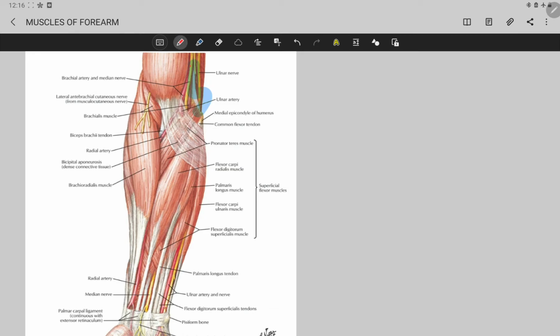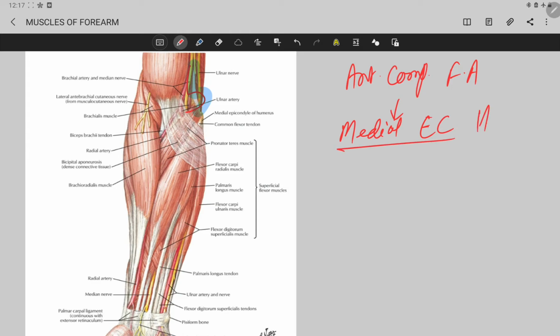All the muscles of the anterior compartment of the forearm generally originate from the medial epicondyle of the humerus. The anterior compartment of the forearm is also called the flexor compartment.